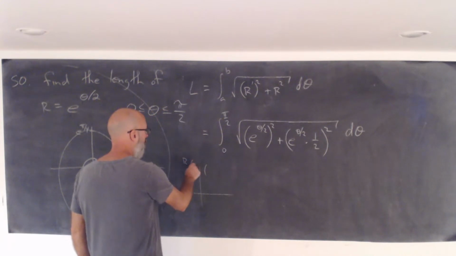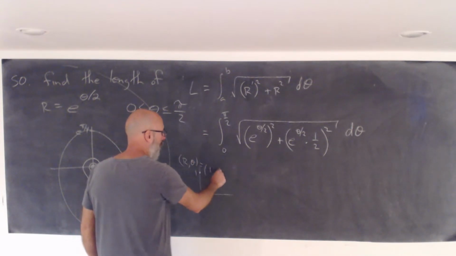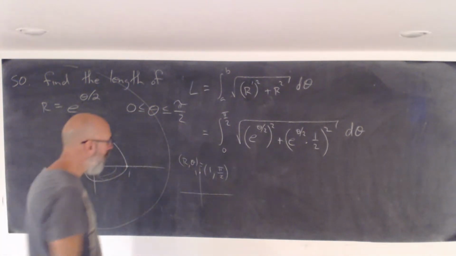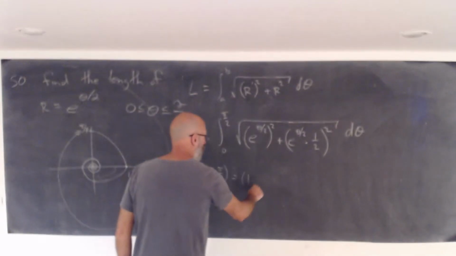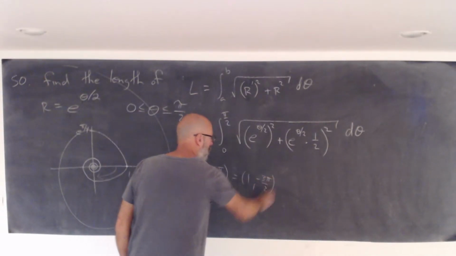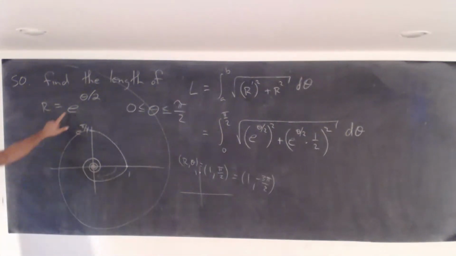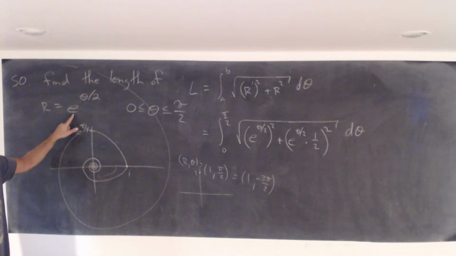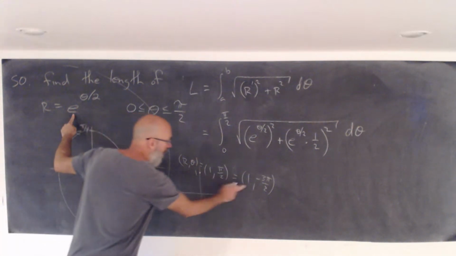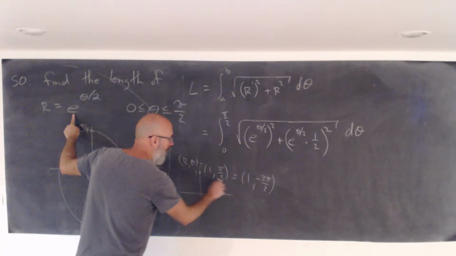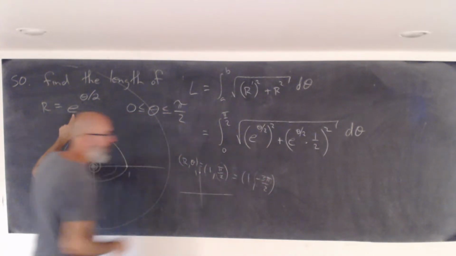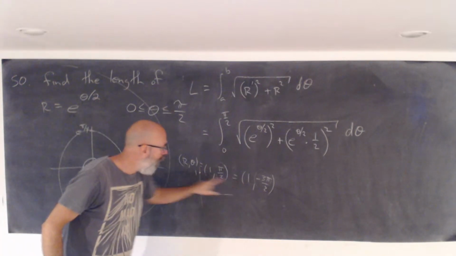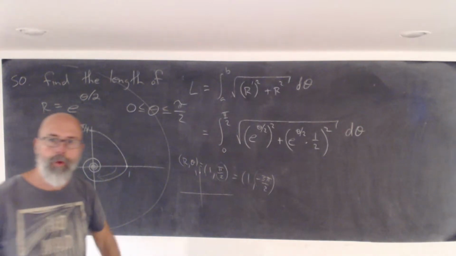So r theta is 1 and pi over 2. You're thinking to yourself that this is the same as 1 and minus 3 pi over 2. And you're right. But here you have a function. You don't have control over what r is. And r is not going to be the same. Even though these two things, they give different values of r. So it's not the same point.